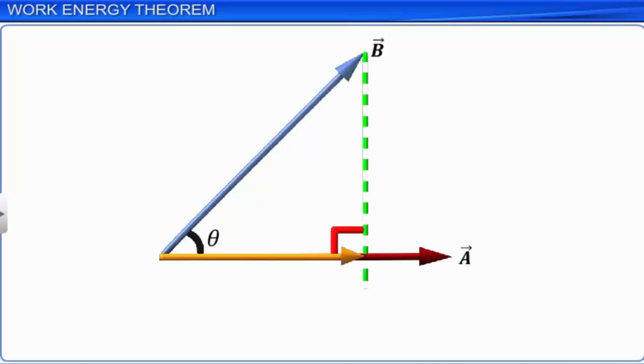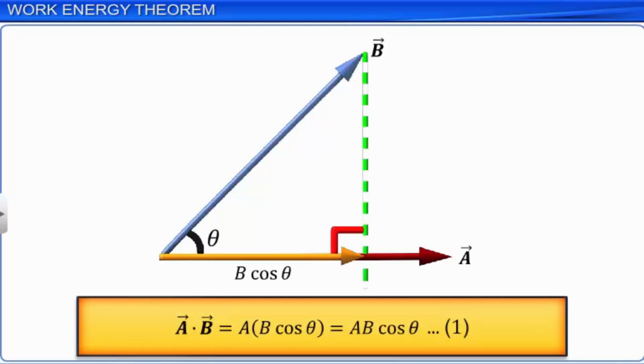Hence, we see that B cos theta is the projection of vector B on vector A. So, the dot product of vectors A and B can be written as A into B cos theta, which is equal to AB cos theta.